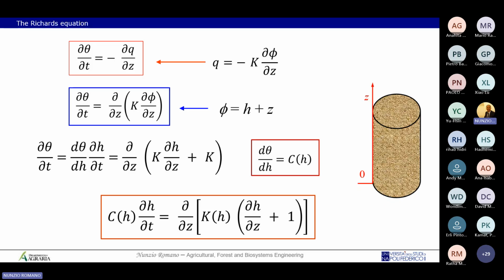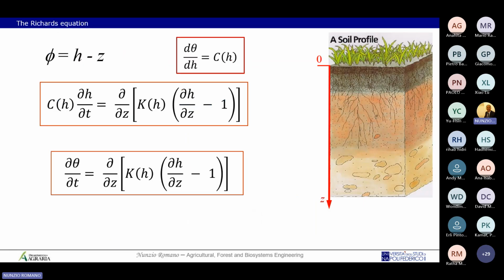But you can do this even if you orient the vertical direction downward, because people sometimes prefer to have the reference at the soil surface, so the vertical direction is oriented downward. In this way the equation does not change, it remains the same, but you have to change the last sign, not plus, but minus.